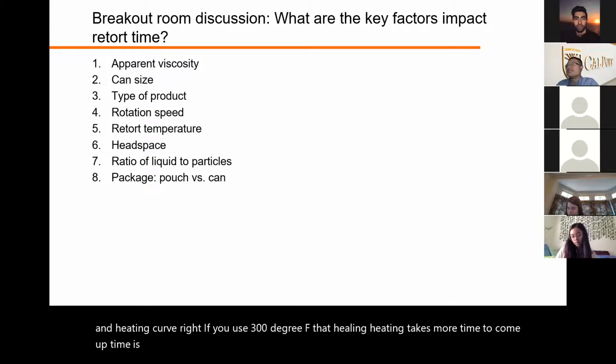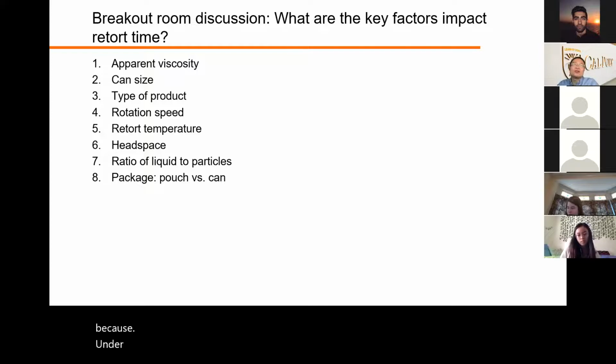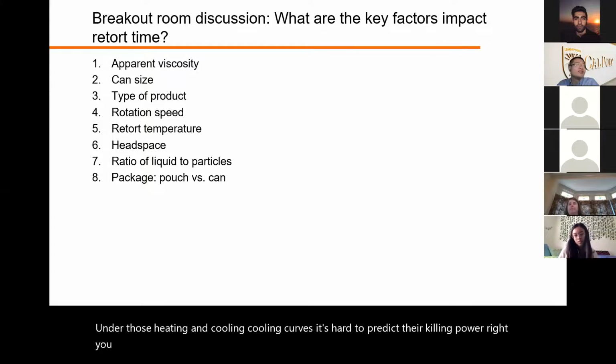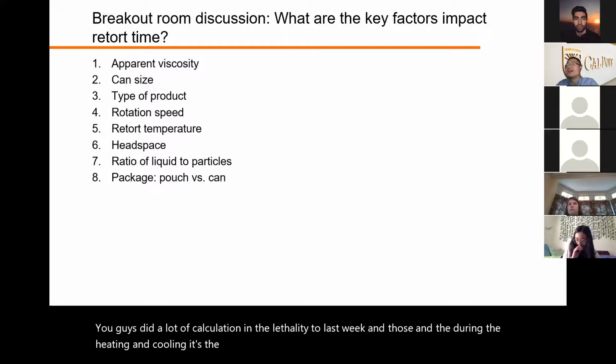So it's more difficult for us to control the processing, because under those heating and cooling curves, it's hard to predict their killing power, right? You guys did a lot of calculation on the lethality last week, and during the heating and the cooling, it's the most unstable part in terms of lethality.